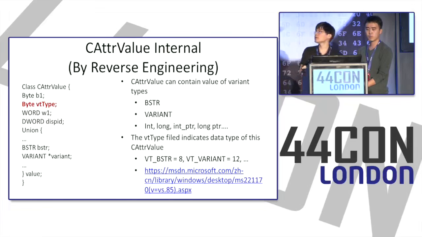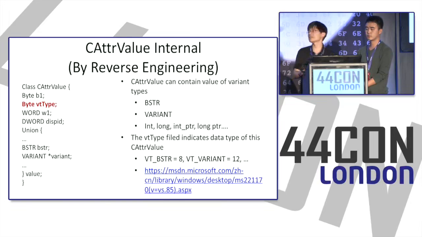We need to go a little bit deeper into the CAttribute value for a better understanding of our exploiting process. Basically, a CAttribute value is a variant data type, which means it can contain different types of data. For example, an attribute value can contain int values or string or object or other data types.